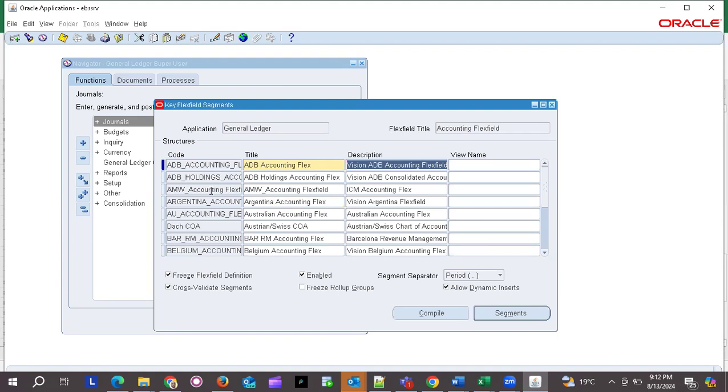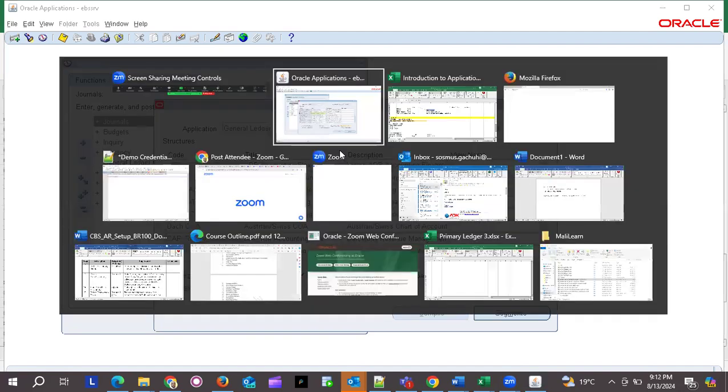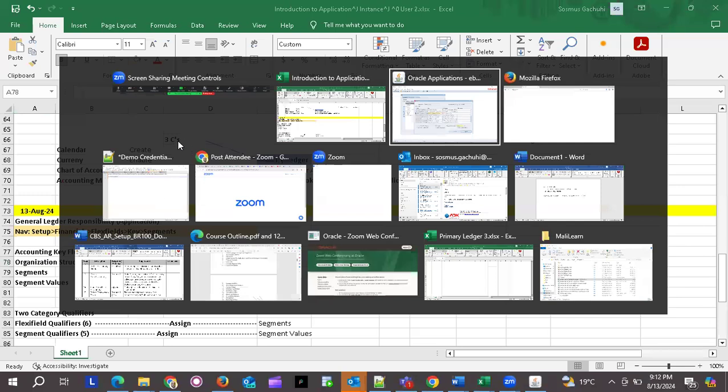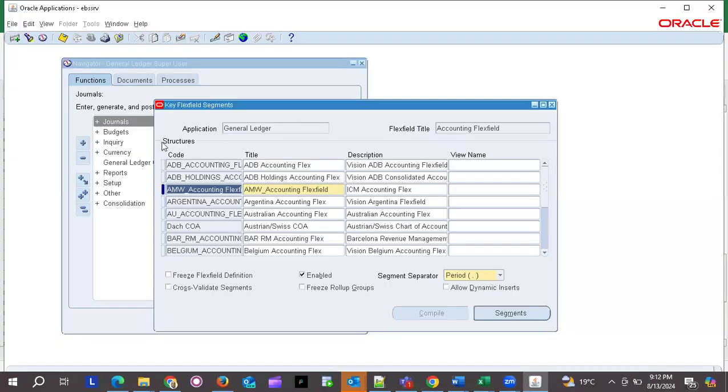The moment you create the name here, you will be achieving the organization structure definition. We give it the structure name because we use the name of the organization, but it is the parent for building anything else that will come under that chart of accounts.